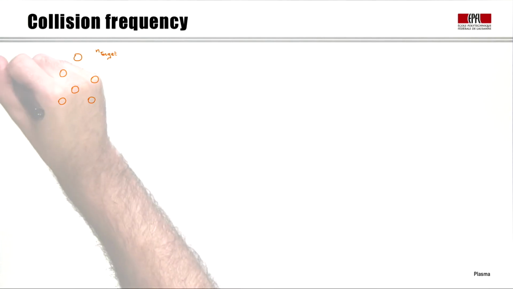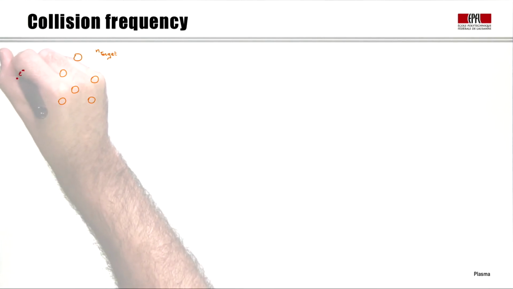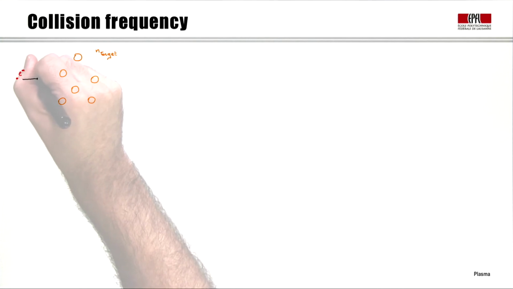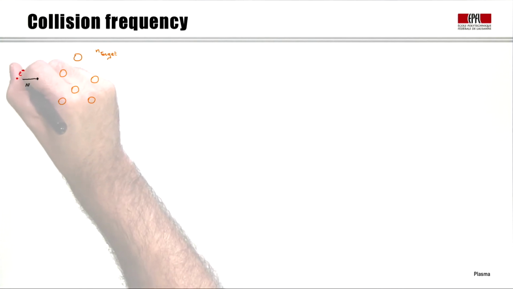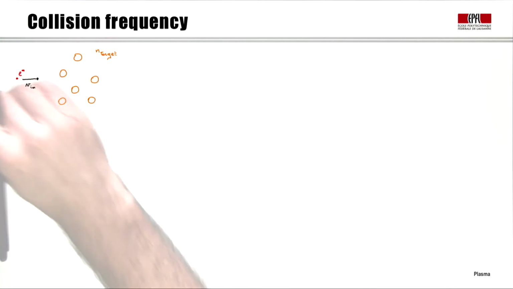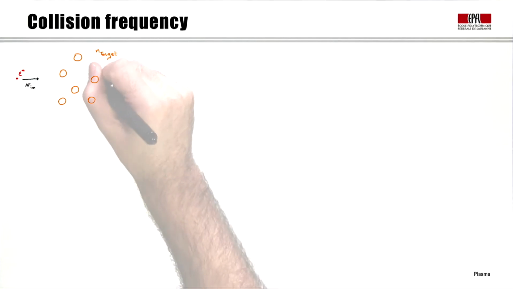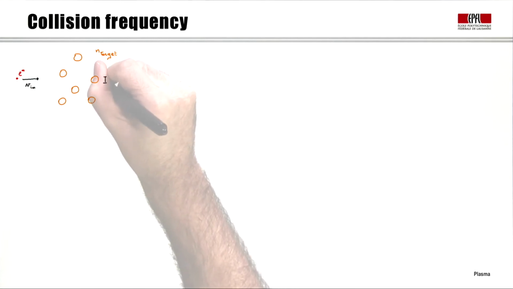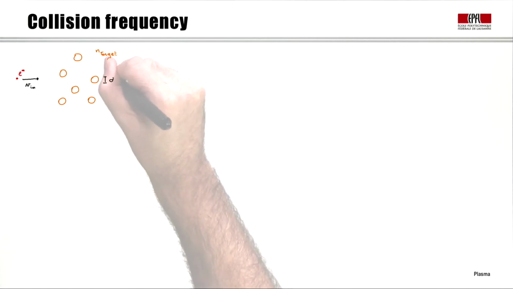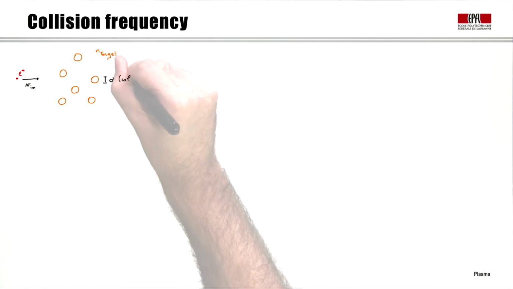And then an incoming particle, for example an electron, moves towards these target particles with a certain velocity v in. Now each target particle, as seen from the electron coming in, will have a collision area that we will denote with sigma. This is also known as the cross-section.